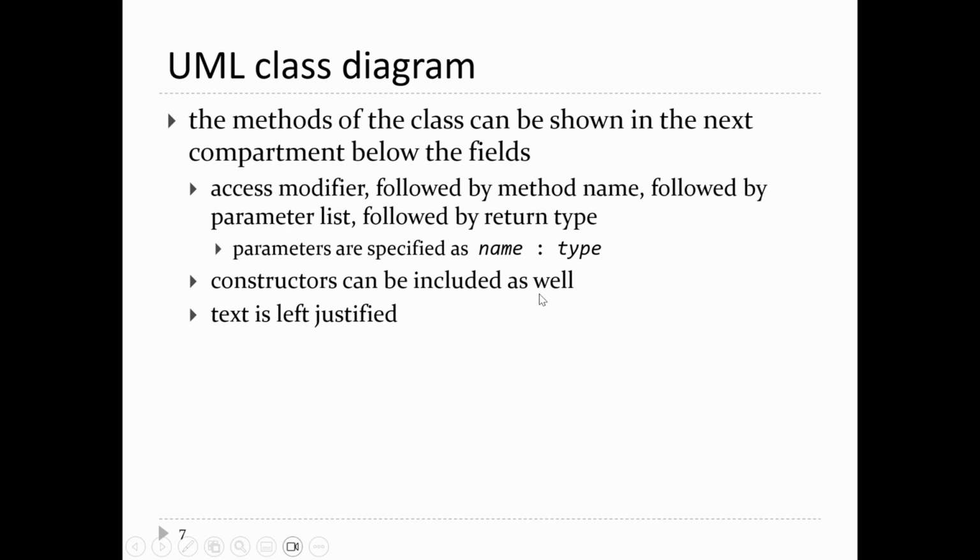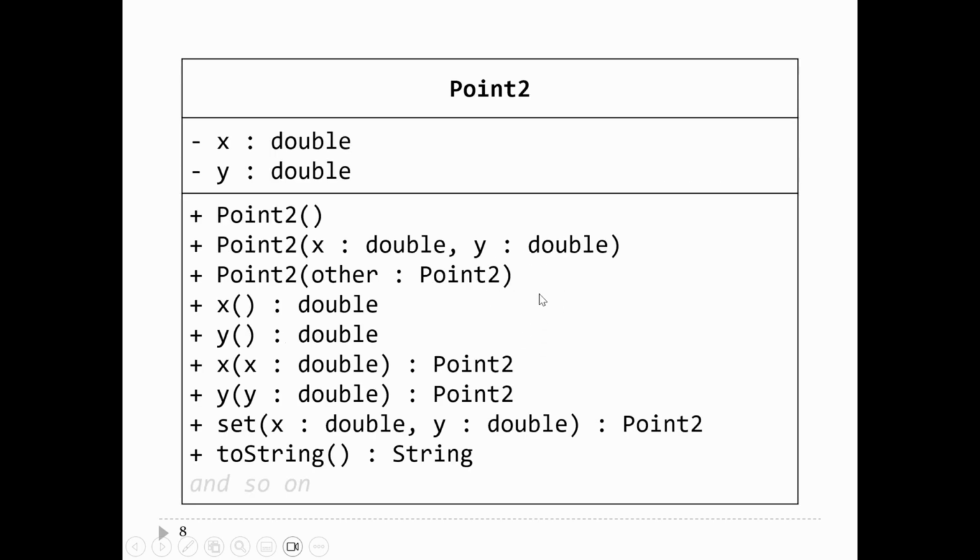The slide tells you what they look like, but it's easier just to see an example. And so our class, at least as we've implemented it so far, you can see it has a constructor that's public. There's our no argument constructor. There's our constructor that takes in the x and y value of the point. There's our copy constructor. Notice, for the methods, if the method returns a value, it comes after the name of the method.